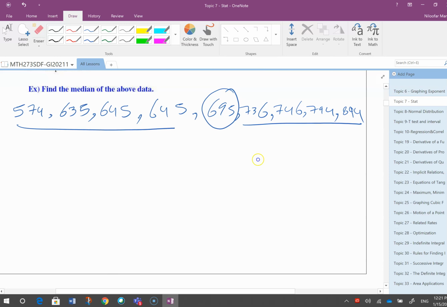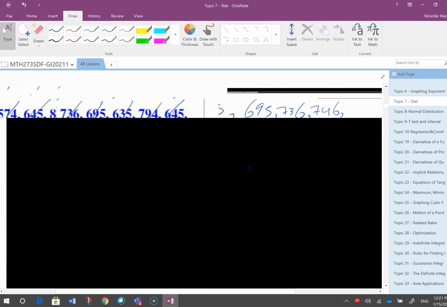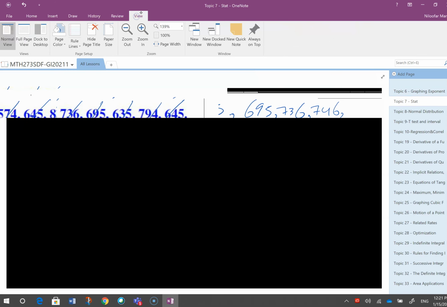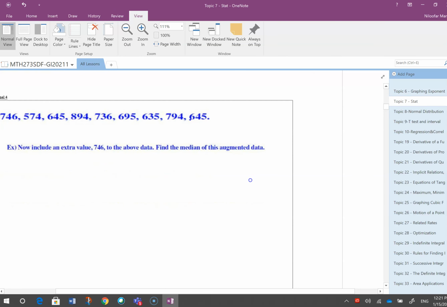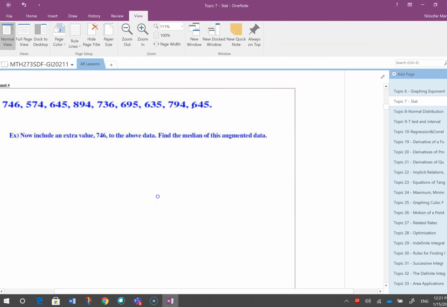How about if I have even numbers? Let me go to view and zoom out. For example, I add another data, 746, and I make them 10.